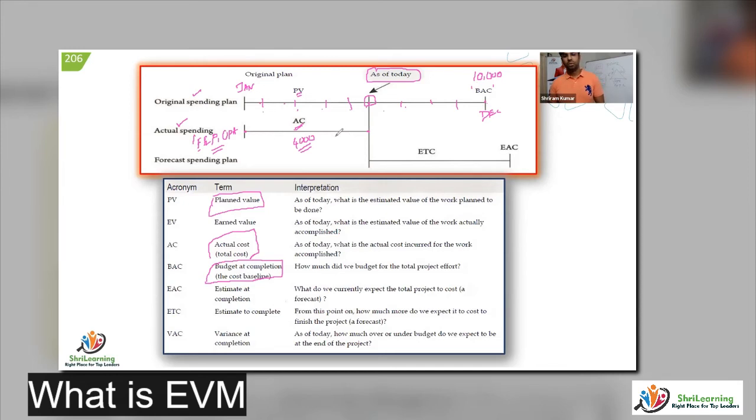Now, I'm looking at my inventory. I know that I have spent 4,000. How do I know? I'll go to my finance team and ask them what happened. They'll tell me, Shriram, we have 10 resources reporting. Every week they work 40 hours. 40 hours into number of dollars. This much money we paid as salary.